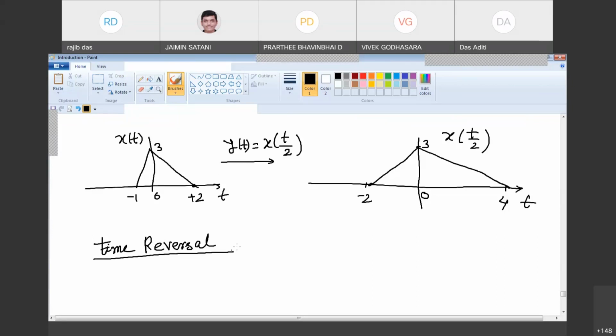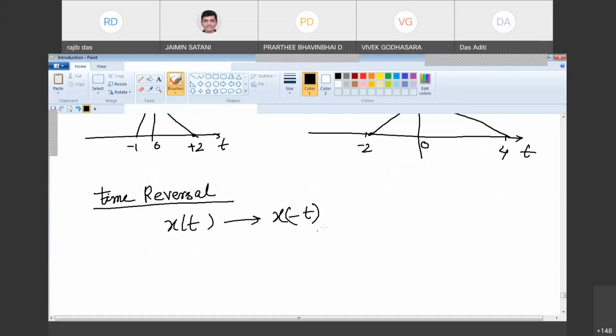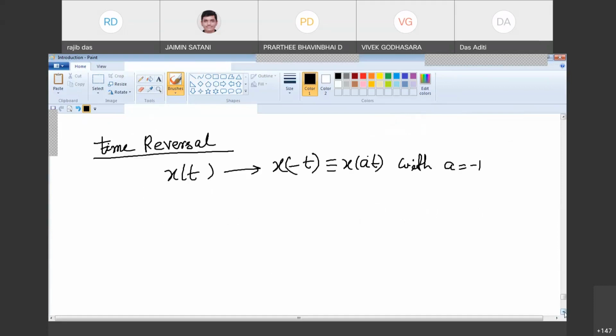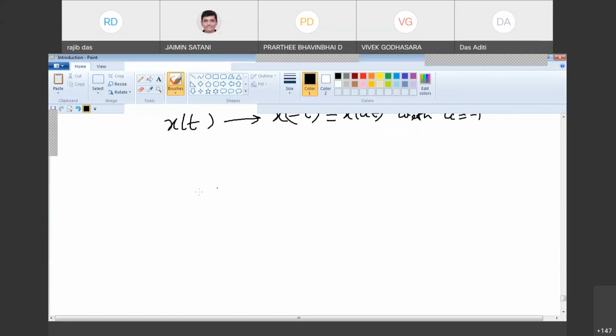What is that? From x of t, if we compute x of minus t, then a is nothing but -1, so it is equivalent to x of at with a equals -1. That's all. So what is happening?